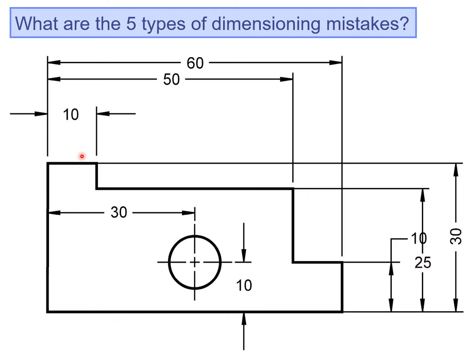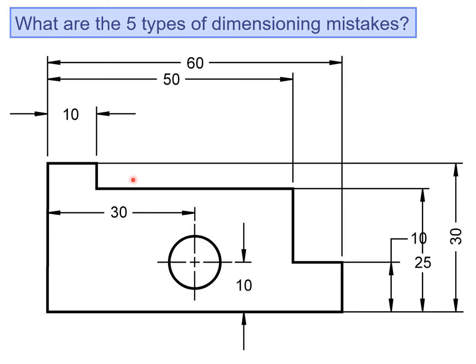Finally, the overall height is 30 units. We also need to locate the hole. Remember we talked about green center lines and green center marks. We need to locate the center of the hole so that the machinist knows where to drill. The machinist is going to aim for the center point when drilling a circular or cylindrical hole.